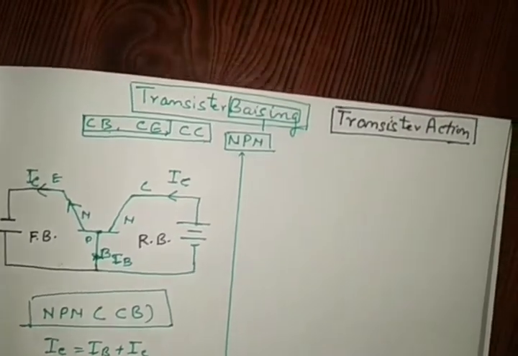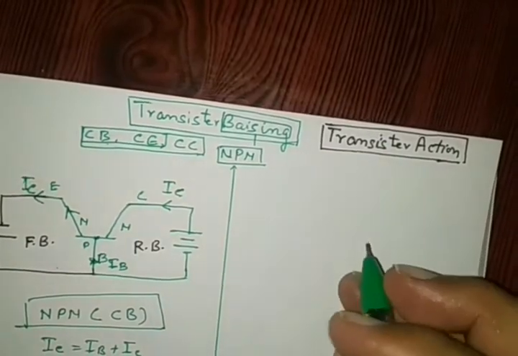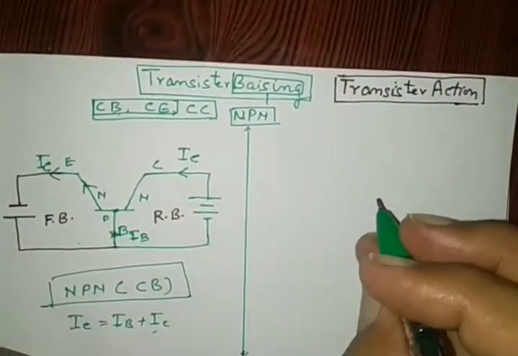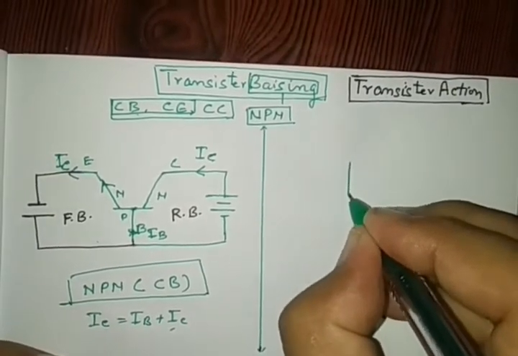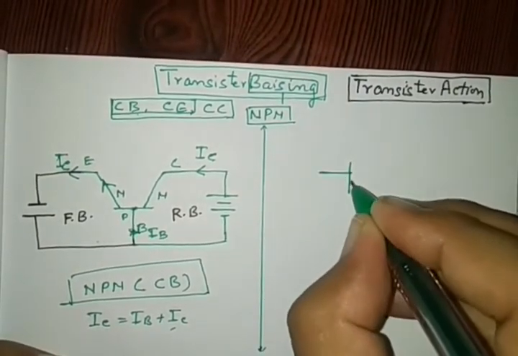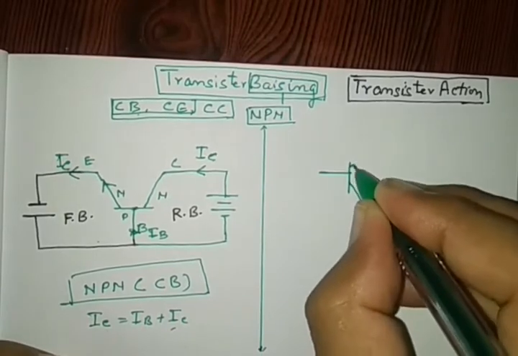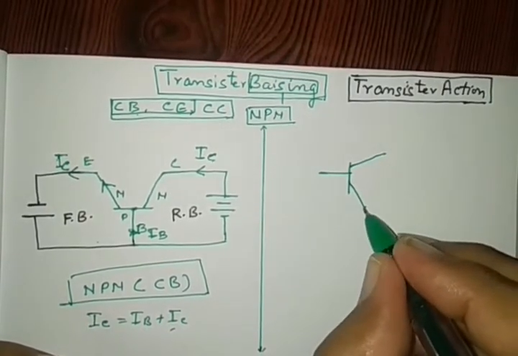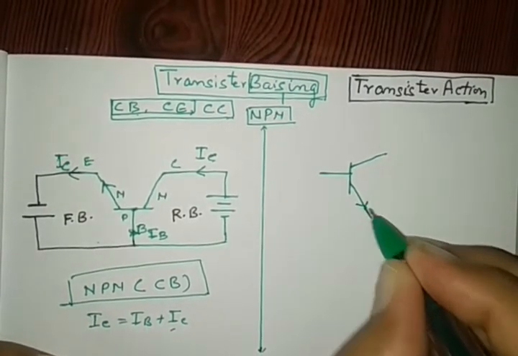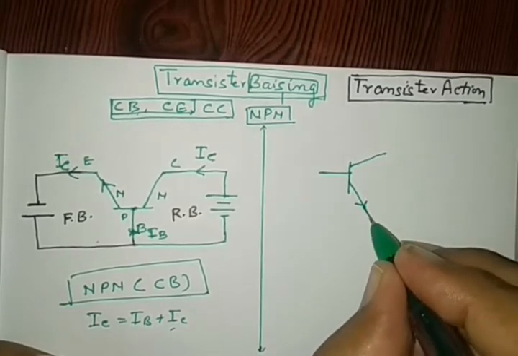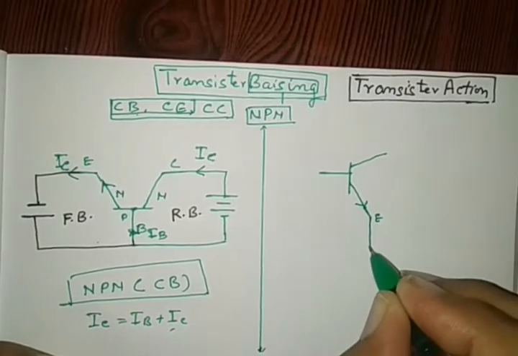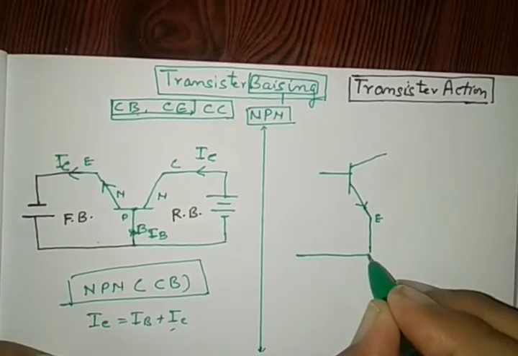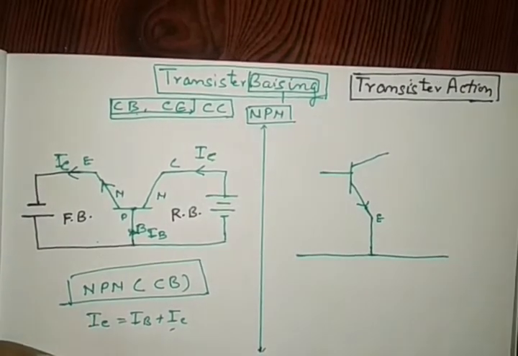Now see the configuration here for the NPN transistor in common emitter. To make the common emitter circuit, see carefully in the circuit. This NPN transistor has the emitter common in both.